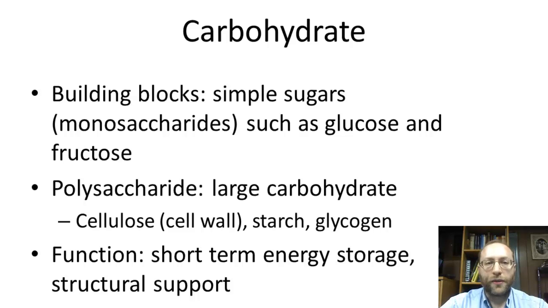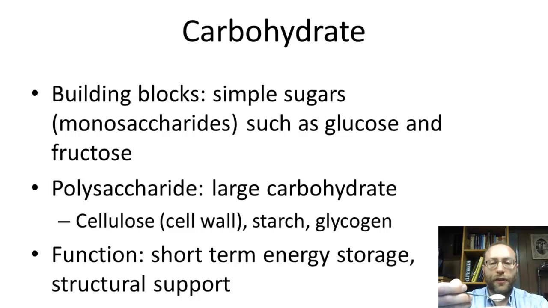And the building blocks, and you have to know the building blocks, those are simple sugars, also called monosaccharides. Mono meaning 1, saccharide meaning sugar. And examples of those, and there are several examples, just have 2 of them here, are glucose and fructose. There are some other ones like table sugar. Actually, I know you've seen a lot of them, but here's table sugar. This actually is not glucose.